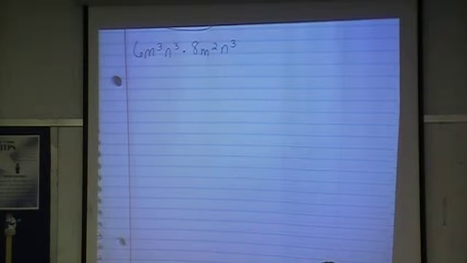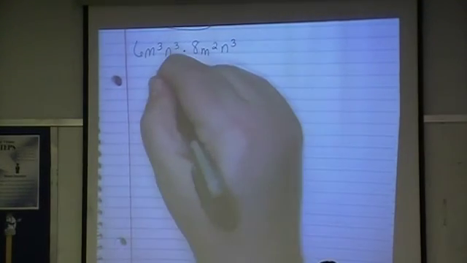Follow your rules. The rule says multiply your whole numbers. Well, what's 6 times 8? Hey, we did better than last time.